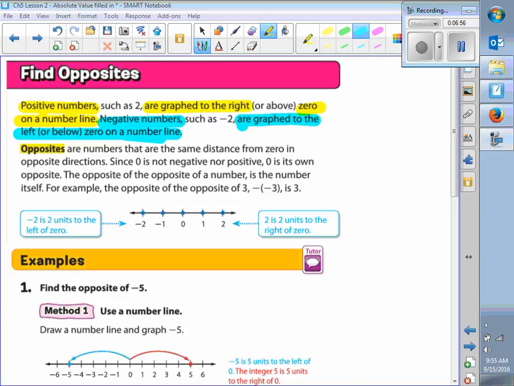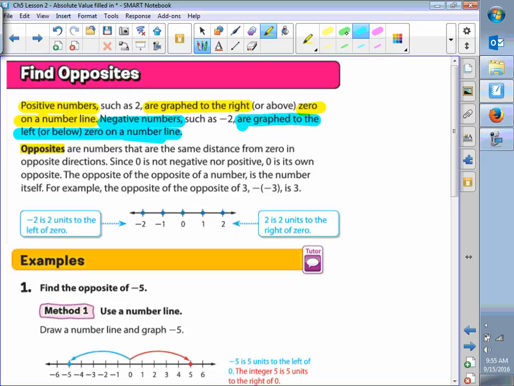Is everybody clear with that? Does that make sense? Yes. All right. Good. Now, opposites are numbers that are the same distance from 0 in opposite directions, just like the tree and the mailbox. Okay? So here, make sure you write this down. Opposites are numbers that are the same distance.